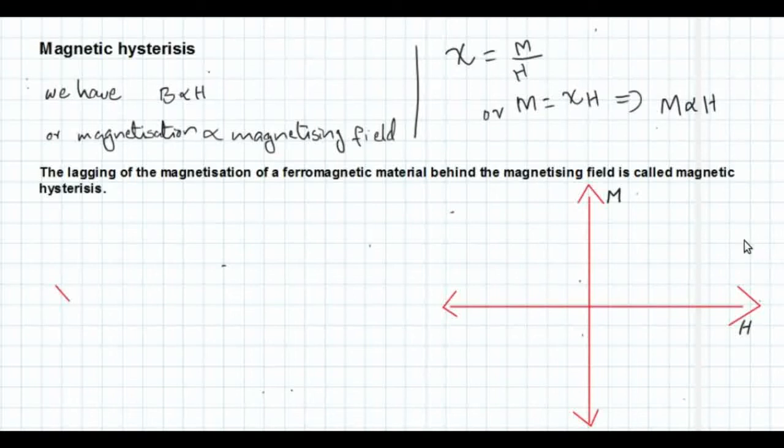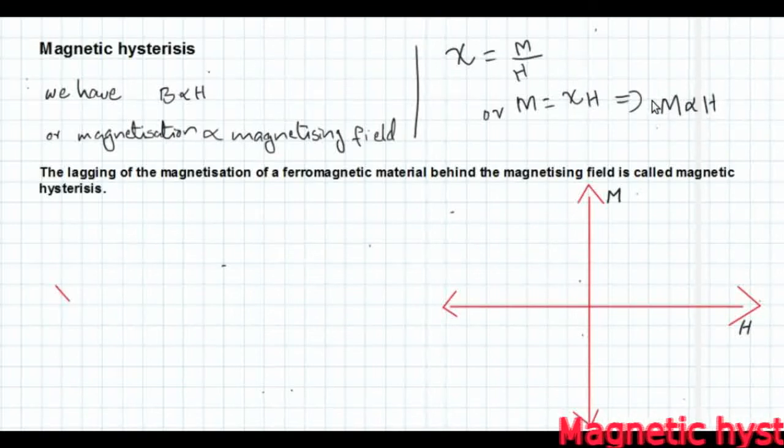So for that we keep the ferromagnetic material in a magnetizing field, and we have chi equal to M by H. Therefore M is equal to chi into H. This chi is a constant. That means M is proportional to H.